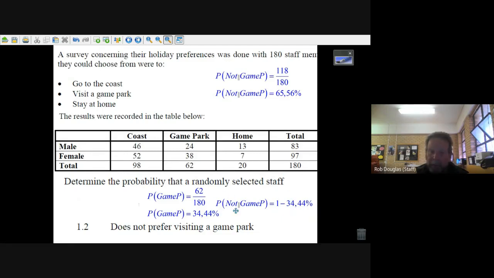Just another way of doing it that makes us think about this: the probability of something happening and the probability of it not happening is just 1 minus it. I like to be able to think about it that way sometimes. Sometimes it's the easy way of figuring out probability problems.